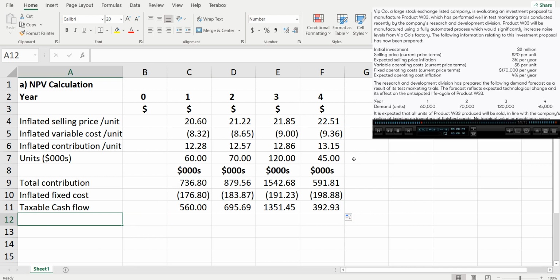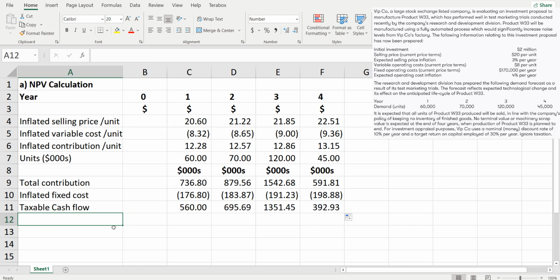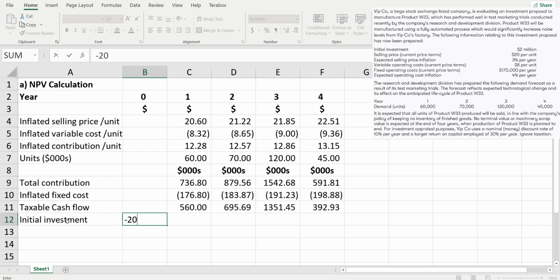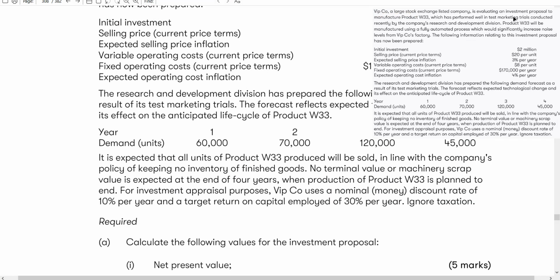Okay, we don't have any tax, so no tax working needs to be done. Okay, so let's write the initial investment. Year 0 starts with minus 2 million, that means 2000 because we're taking 1000 in common. Let's go back to the question.